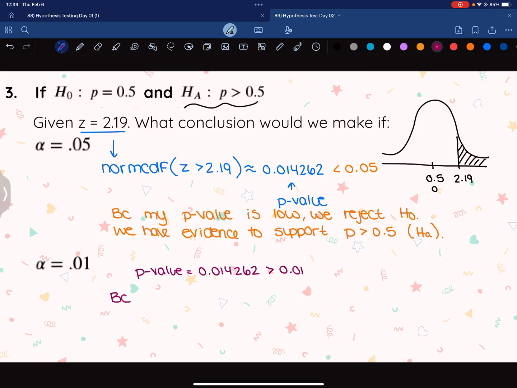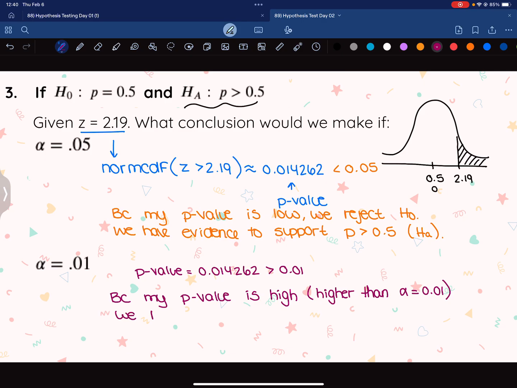So now, because my p-value is high, and now I'm with you, it's not that the p-values change from high or low here, but when I make that statement of p-value being high, it's higher than the alpha. That's what I mean by high or low. It's comparative to the alpha level.